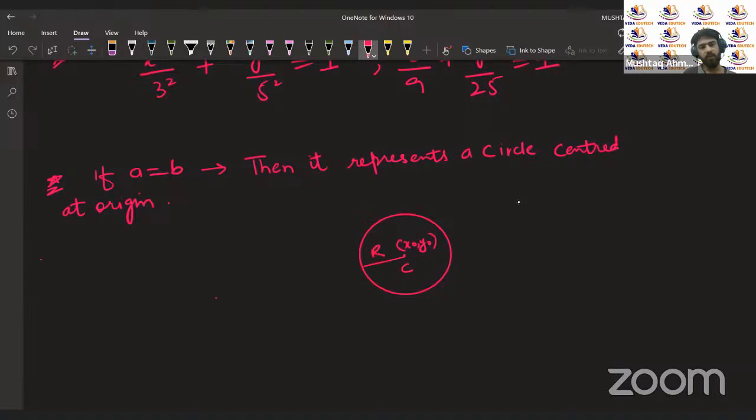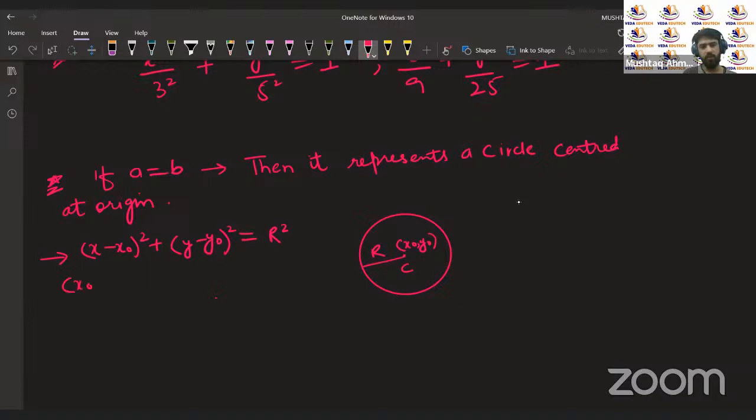The equation of this circle will be x minus x naught whole square plus y minus y naught whole square equal to r square. So this is the standard equation of a circle whose center has coordinates x naught and y naught.